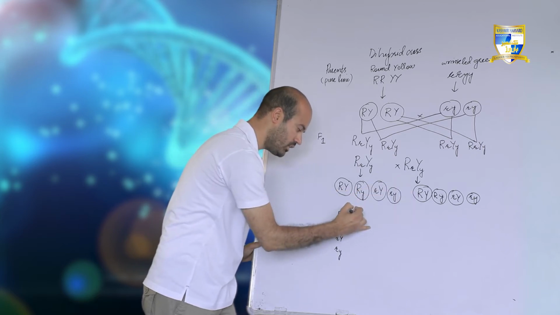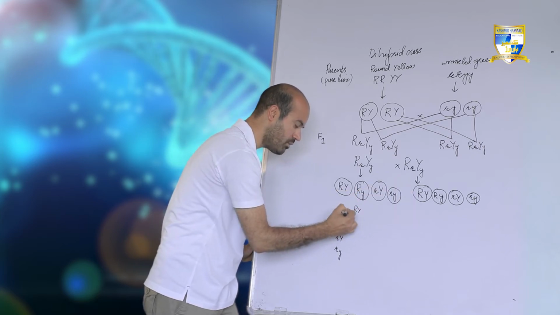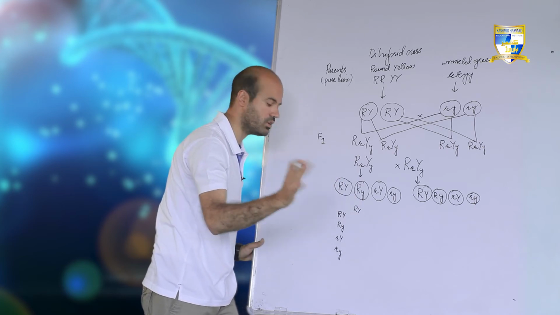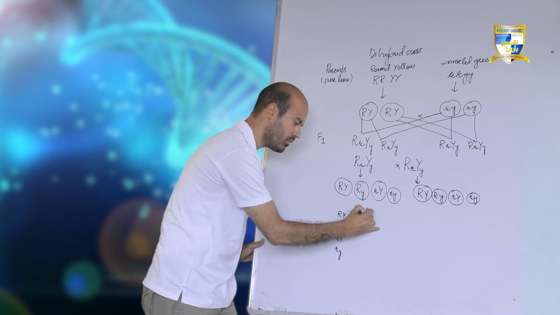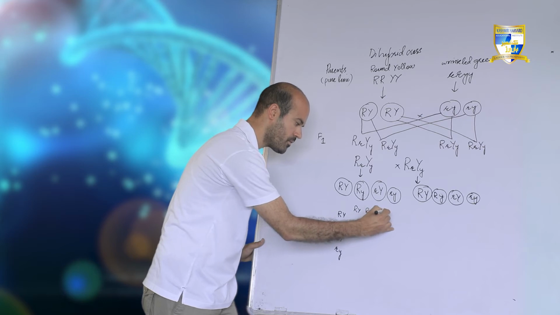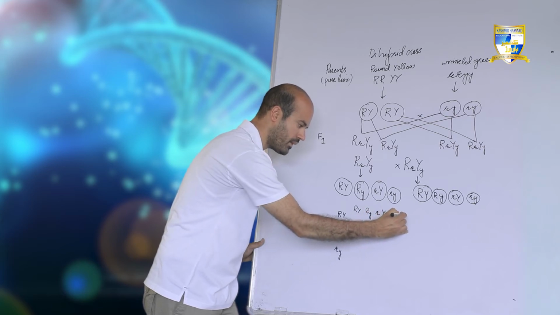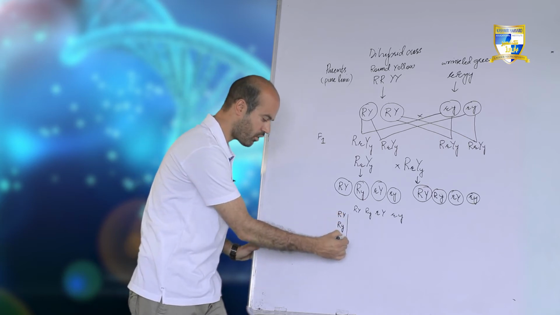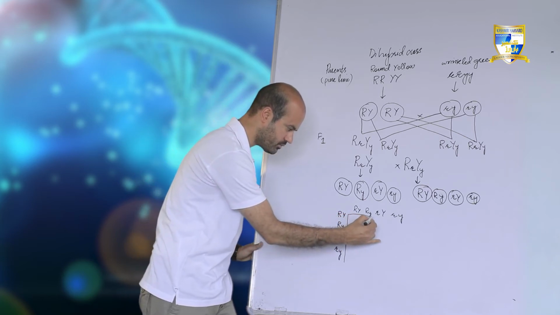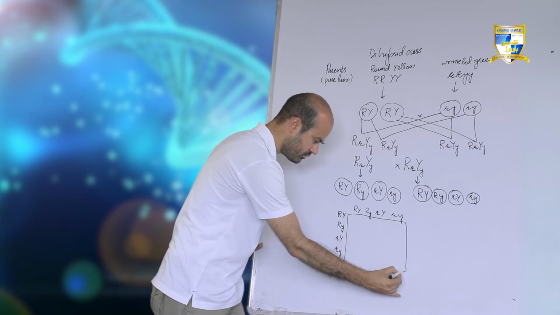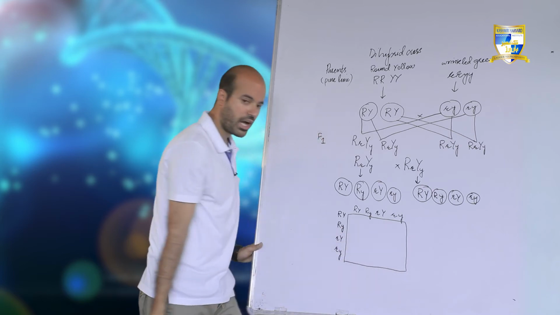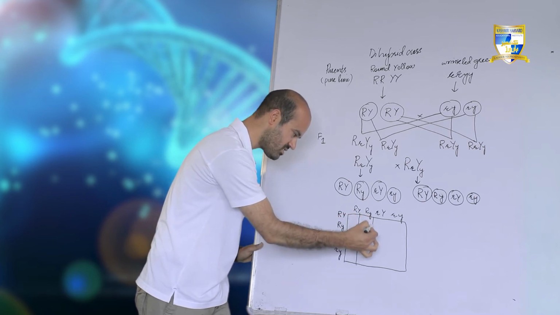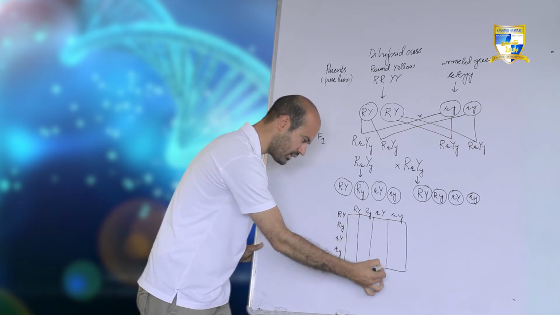Then I will take these gametes and align them horizontally for convenience. It is just for convenience. It's like this. Fine. Now performing the cross like this. I will make a square. In that square I will adjust columns and rows like this.